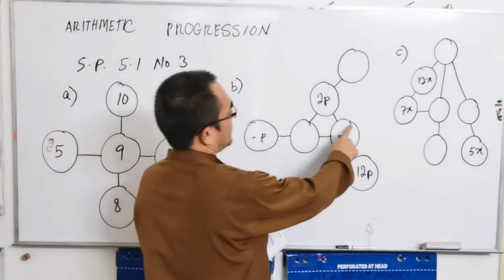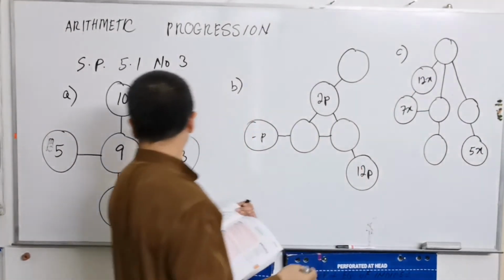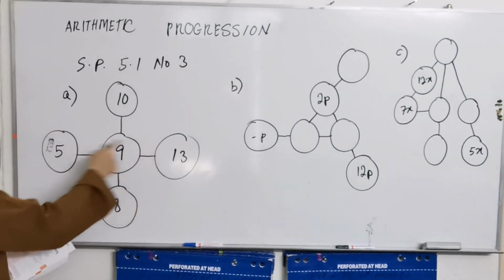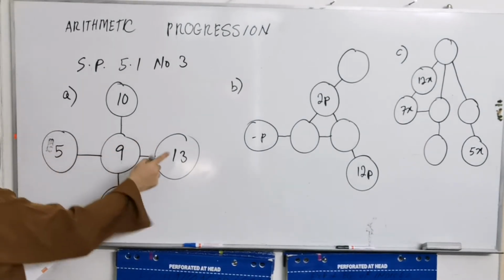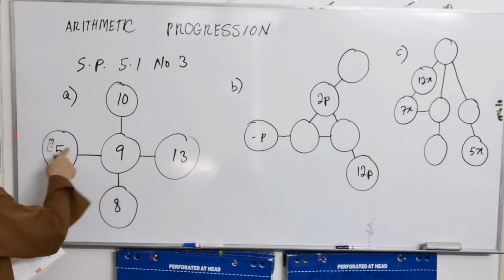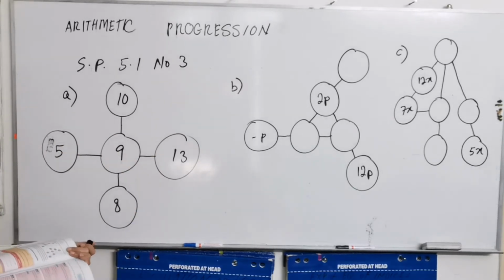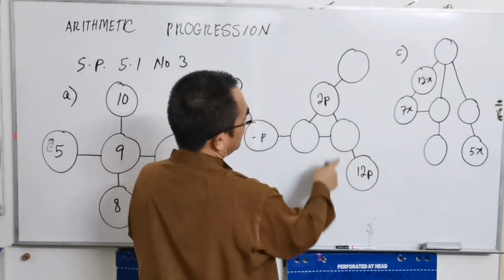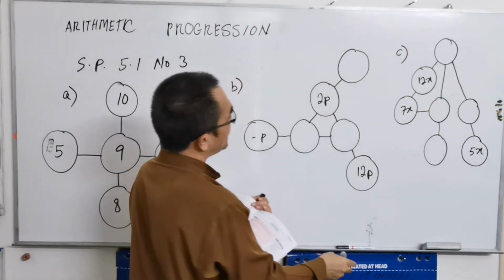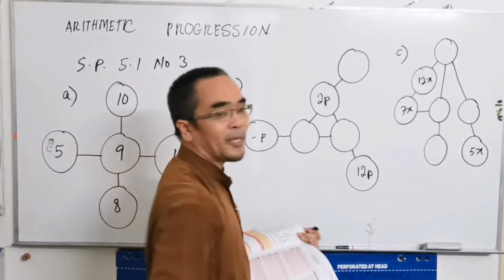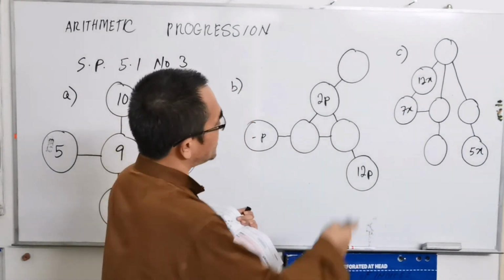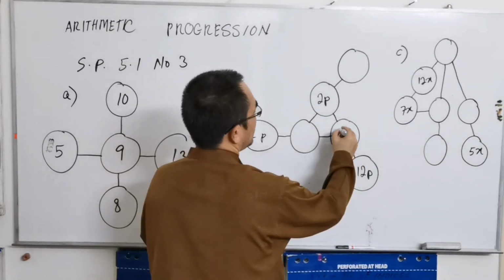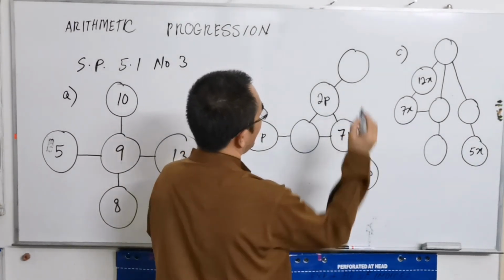If you have two circles that you do not know, you cannot solve it. What is important is that the middle is the middle of these two values. So in order to know the middle, just add these and divide by 2. So 2p plus 12p, 14p, divided by 2, you get 7p.